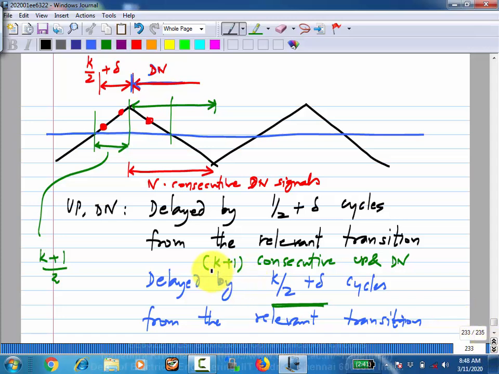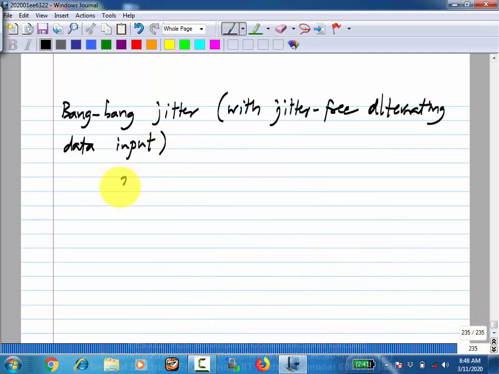You will basically build up the phase for this many cycles. It is 2 pi ICPR KVCO times K plus 1. This is correct, no? So this is the peak to peak bang bang jitter.